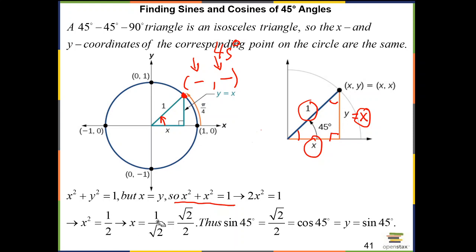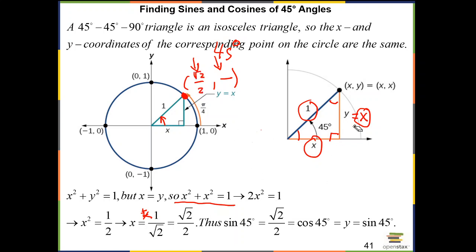And x has to be plus and minus. But we don't care about the minus because we're looking for a positive number here. These numbers are positive, right? Both of them. So we're going to take the positive 1 over square root of 2, rationalize it, and we get square root of 2 over 2. So we know that the cosine, which is x, is actually square root of 2 over 2.